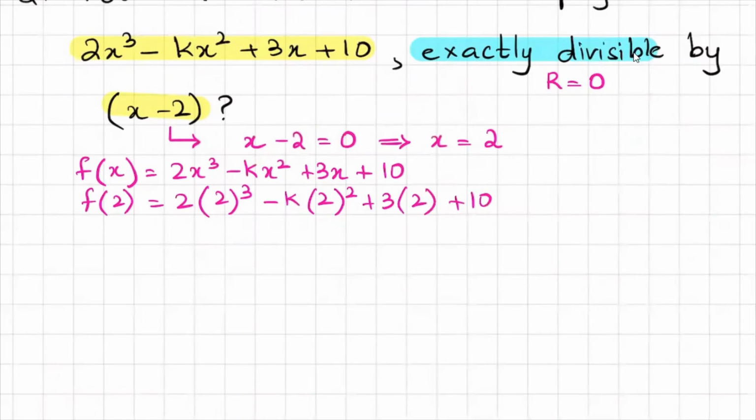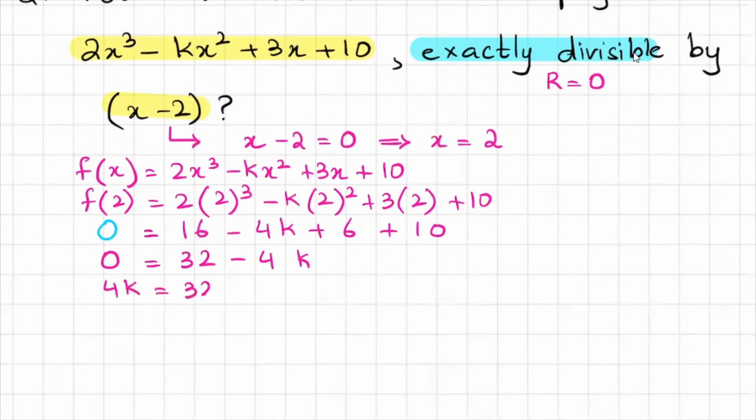They're saying it's leaving a remainder of 0, so I'm going to write a 0 in place of f(2), which equals 16 minus 4k plus 6 plus 10. Let's simplify this further. 0 equals 16 plus 6 is 22, 22 plus 10 is 32, so 32 minus 4k. Let's take 4k to the other side. 4k equals 32, which means k equals 8.